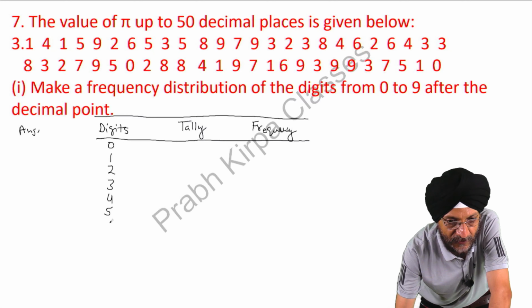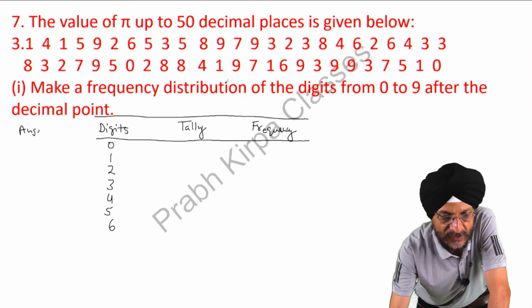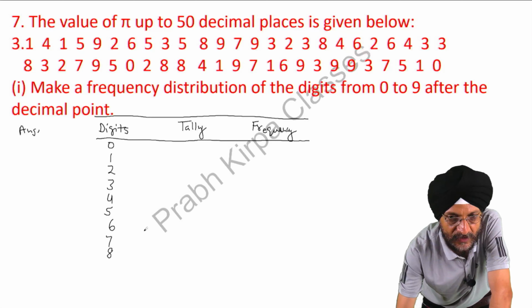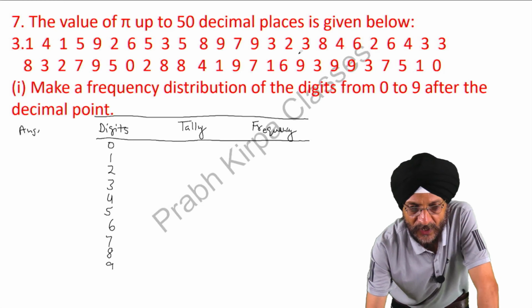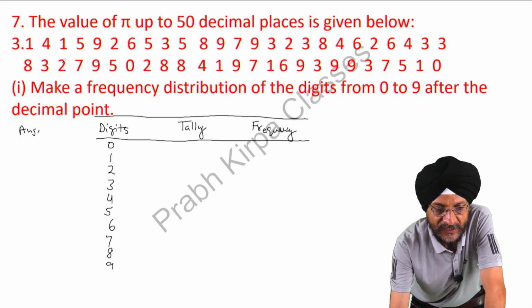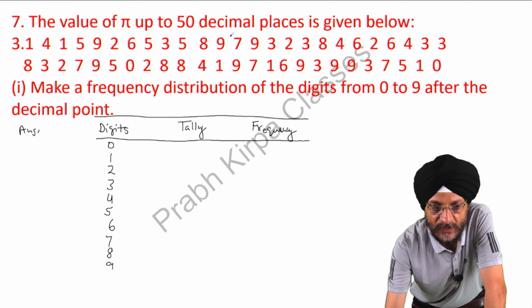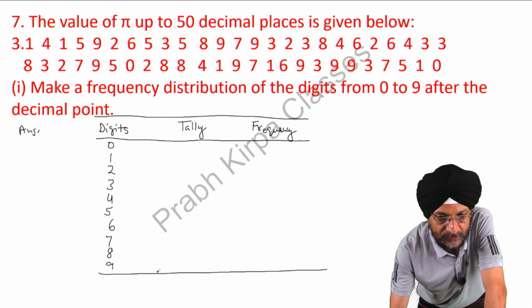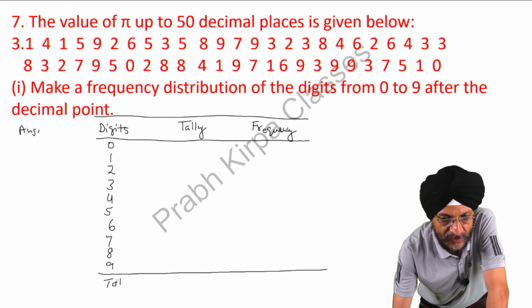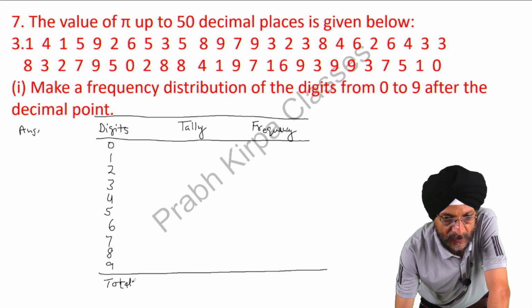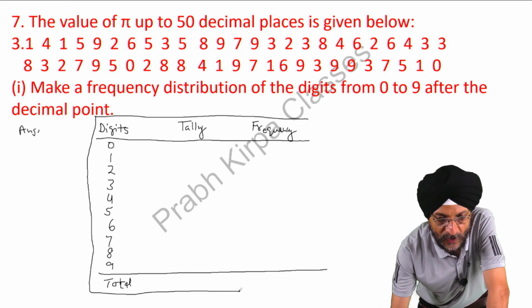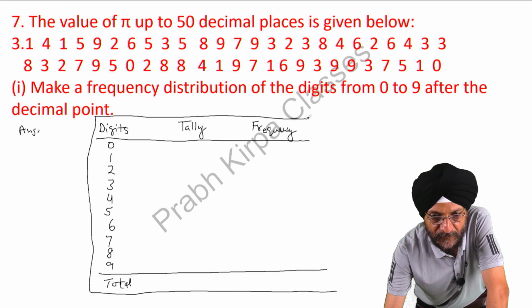Yes, 6 is there. 7, this. 8, this. 9, then no entry is 10. So all the entries are 0 to 9. Here we will write total, and this is the outer view of the table.